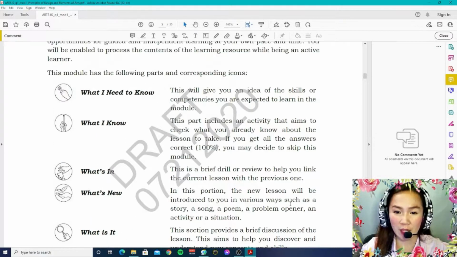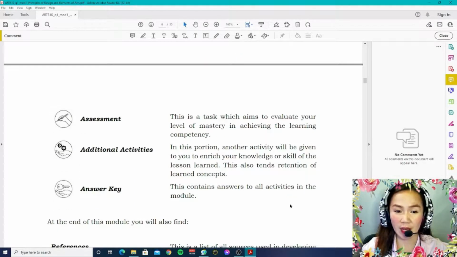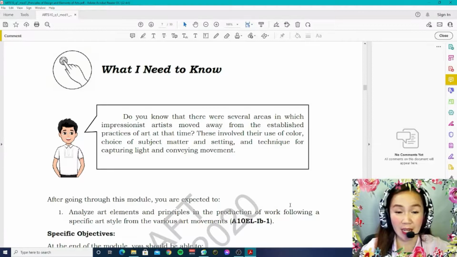Okay? So, babasahin nyo yan at intindihin. Okay? We do have assessment, additional activities, and answer key. Pero, ayaw kong sabihin sa inyo agad-agad yung answer key. Gusto ko kasing i-discuss pa rin sa inyo yung inyong topic or yung inyong nilalaman para at least may natutunan talaga kayo. Okay?